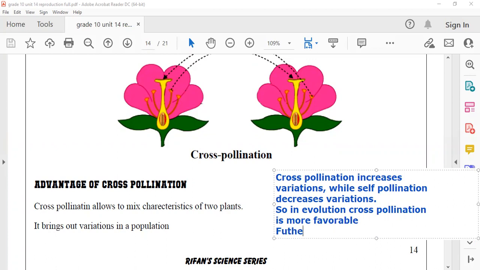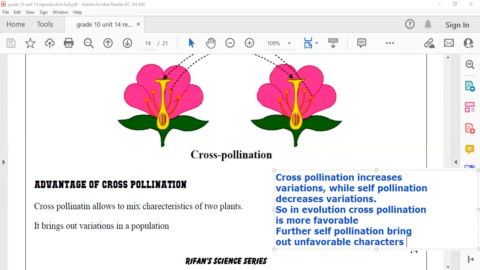Further, self-pollination brings out unfavorable characters, the unwanted characters, not good characters.